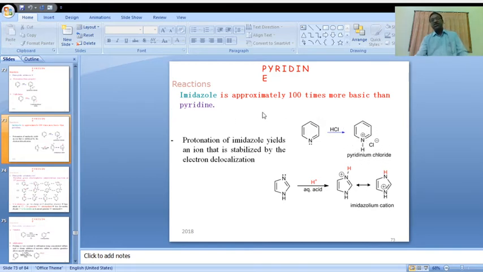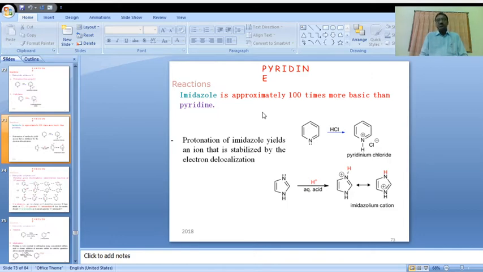Here, one more piece of extra information we are giving. What is that extra information? When we compare pyridine with imidazole, imidazole is a diheteroatom compound. Two heteroatoms, two nitrogen atoms, are present in the cyclic ring. When we compare with imidazole, what about its basic nature?